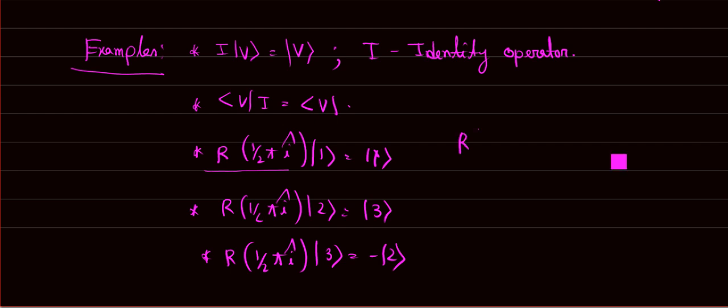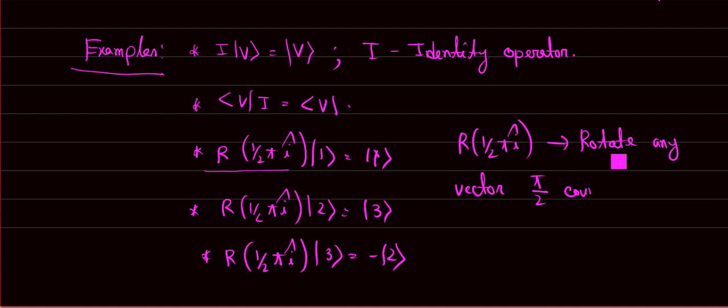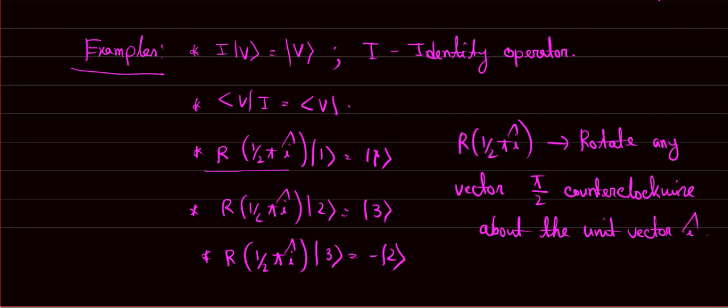So this operator rotates any vector pi by 2 counterclockwise about the unit vector i cap. So these are some examples of operators.